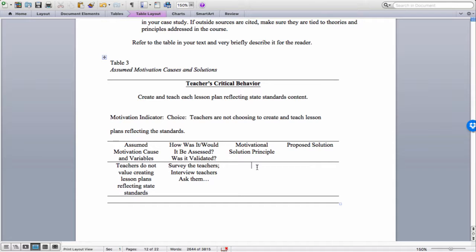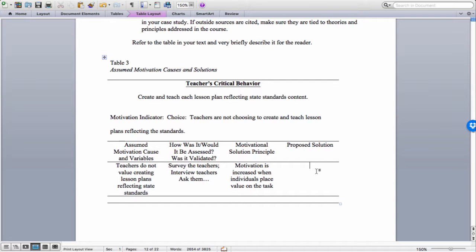So in our case, the principle might be that motivation is increased when individuals place value on the task, okay?